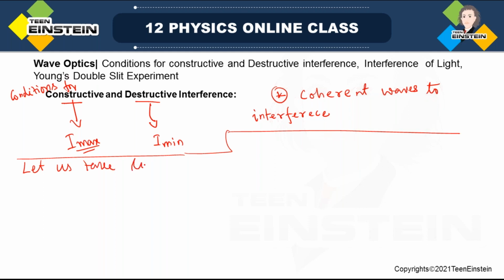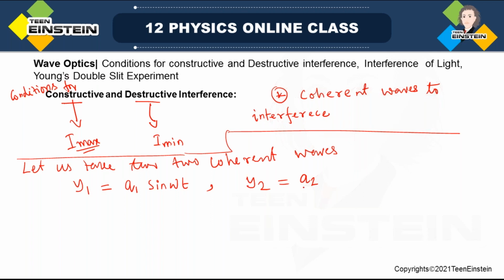One has displacement y1, which is given by a1 sine omega t, and the other one is y2. y2 has the same frequency, as I said, since they are coherent light waves.